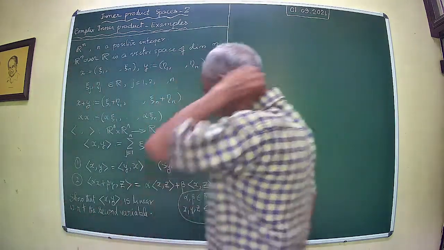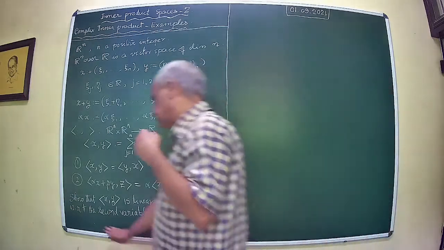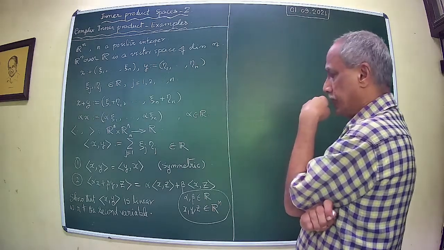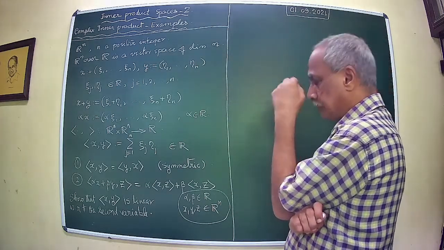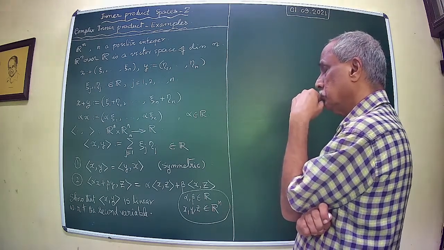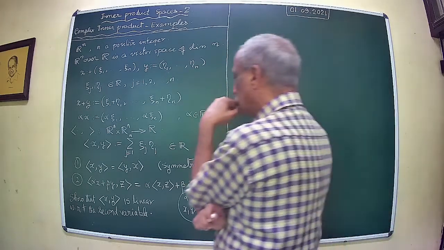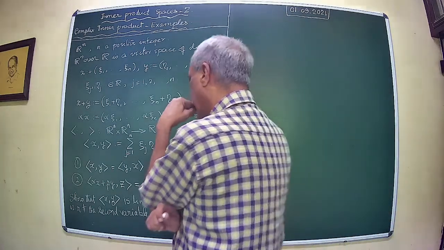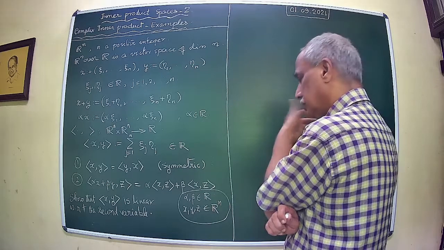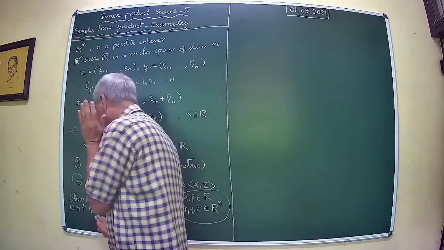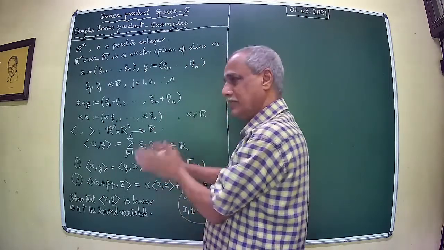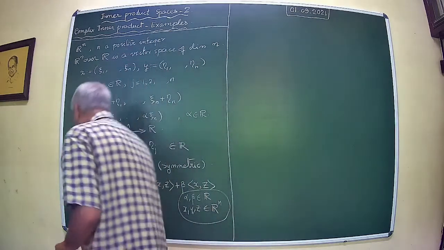That is very easy to verify. And that means inner product of x with alpha y plus beta z is equal to alpha times inner product of x with y plus beta times inner product of x with z. So that can be easily verified because you will have to make use of this. So systematically try to work it out.